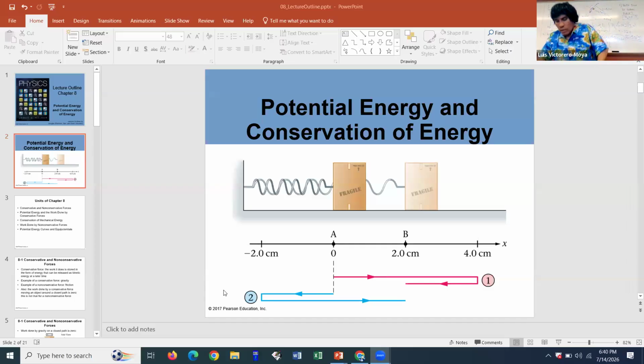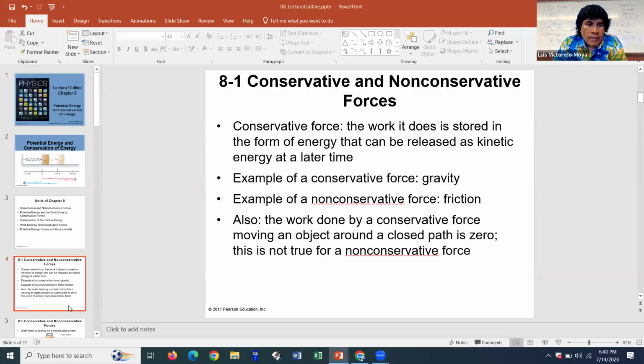One concept that we're going to introduce right now is the whole idea of conservation of energy. And this can only be introduced by the idea of conservative and non-conservative forces. A conservative force, like gravity, is one where the work is stored in the form of energy and can be released as kinetic energy at a later time. Gravity is a good example. A non-conservative force is friction.